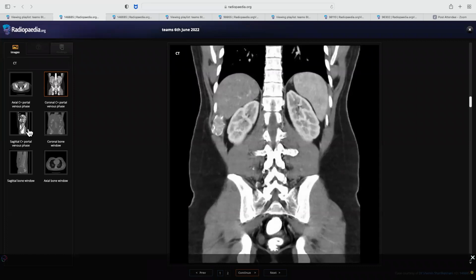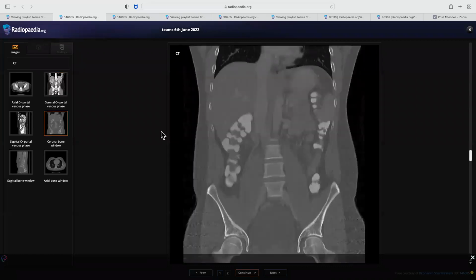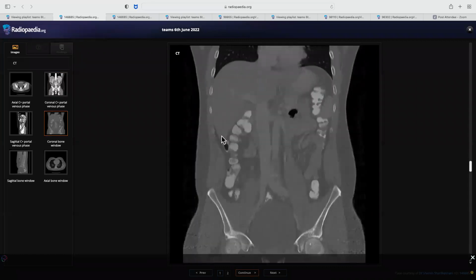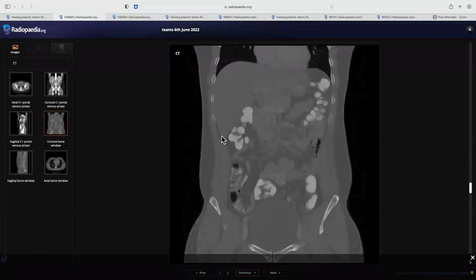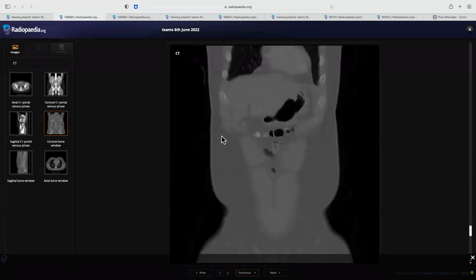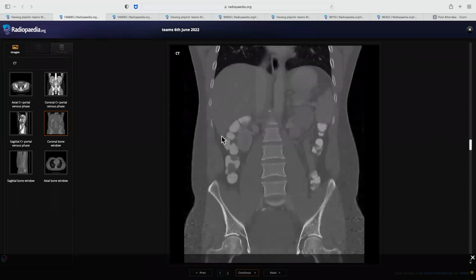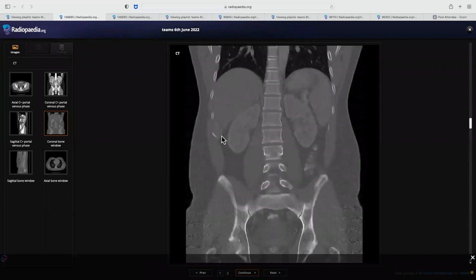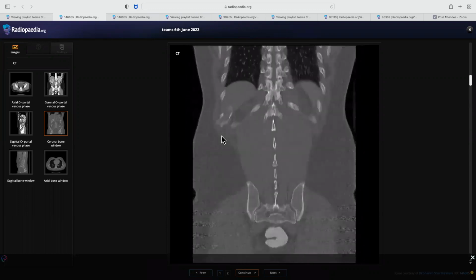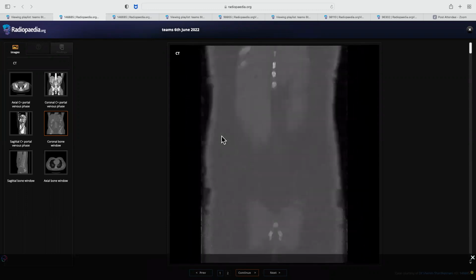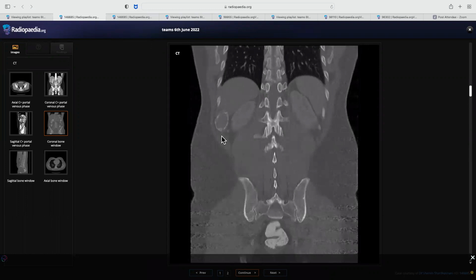Let's see the coronal bone window. The rest of the bones appear normal.